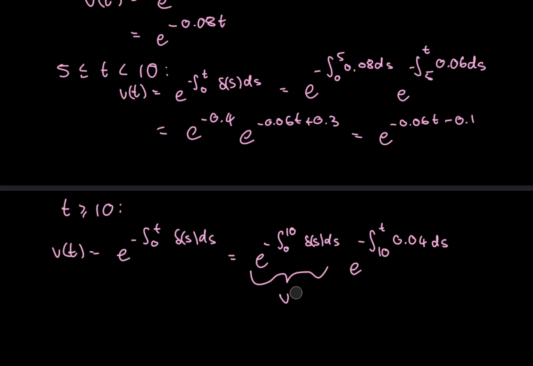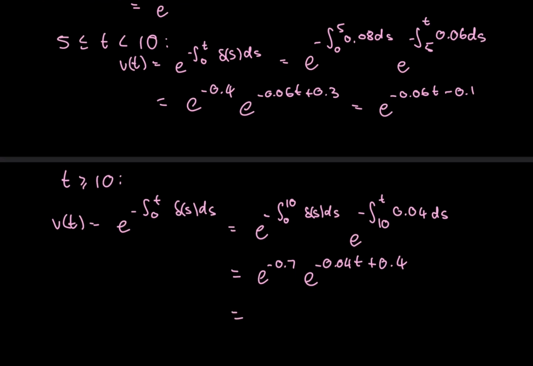So we can substitute 10 into this function over here, and we get negative 0.06 times 10, negative 0.6 minus 0.1, e to the negative 0.7. And then if we solve this integral, we should get e to the negative 0.04t plus 0.4. Okay, and then of course now again we can add the exponents, and we get e to the negative 0.04t minus 0.3.